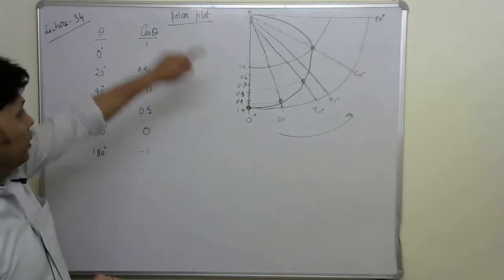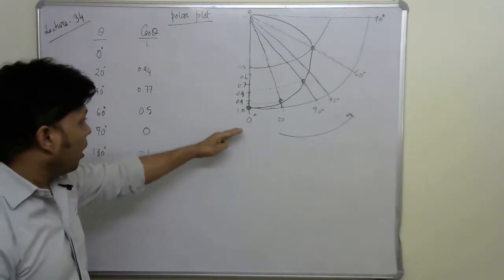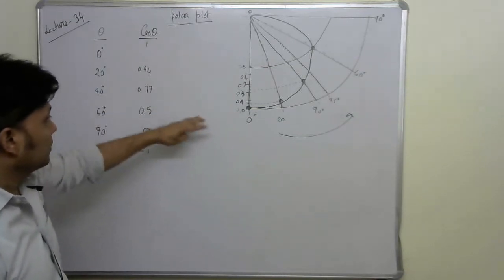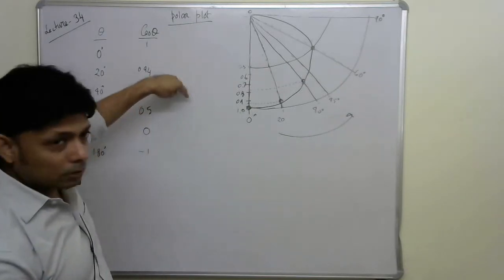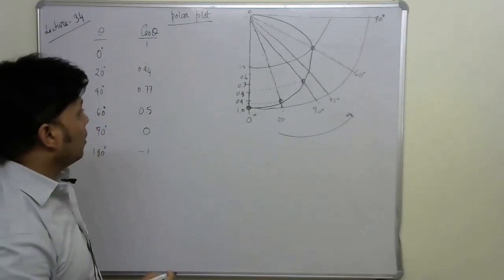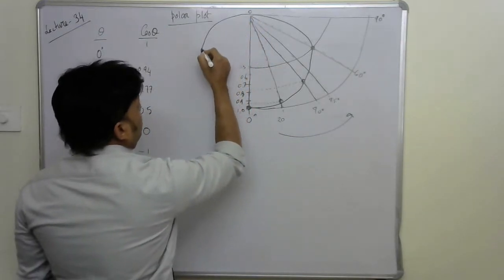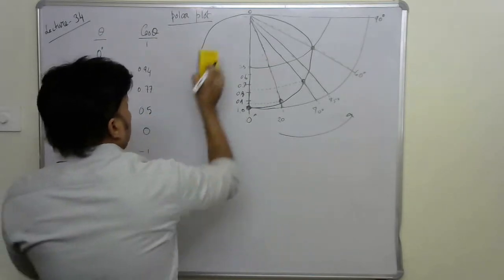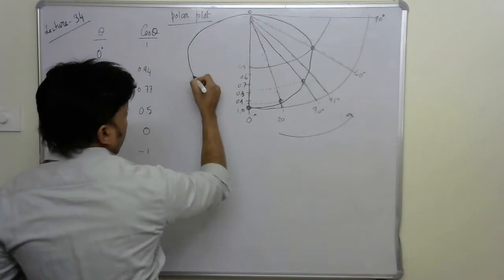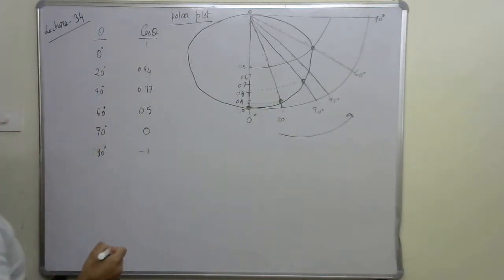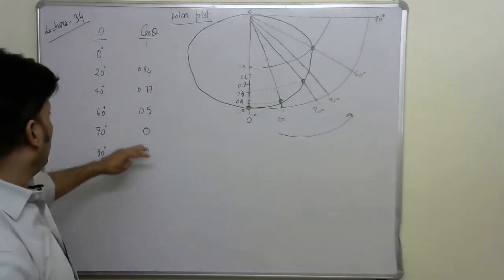If we complete the other side, that means the negative values of theta, minus 20, minus 40, minus 45, and so on, we will also have this. I'm going to draw the circle like this. Roughly, we have a circle like this, and then again we have to go beyond 90 degrees.